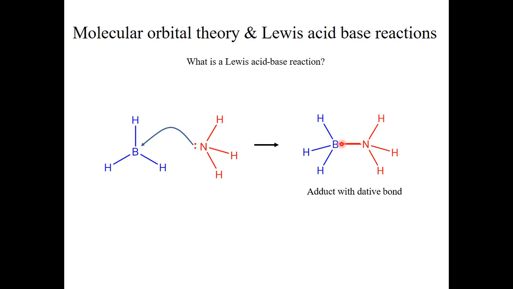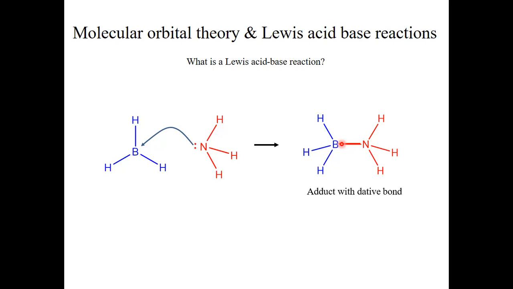However, fundamentally, there is no difference between a regular covalent bond, in which the two partners contribute one electron each, and a dative covalent bond, in which one partner contributes 2 electrons and the other partner doesn't.